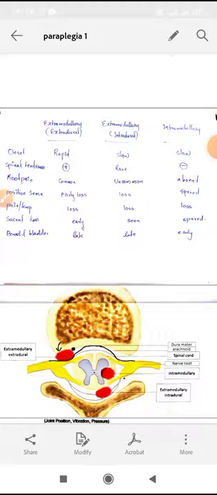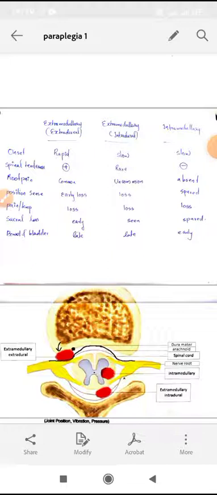As I have told, the dorsal column is closest to the extradural part, so there is early loss of position sense in extradural, also loss in intradural, but it is spared in intramedullary. Pain and temperature loss is present in all three types.